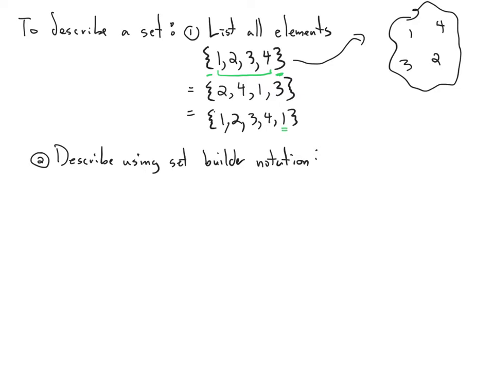So set builder notation is basically of the form where you list variables for your elements, and then you have this line here, and you read this line as "such that", and then you have some sort of, I'll write it like this, P of x. But this is some rule to tell you what's in the set.